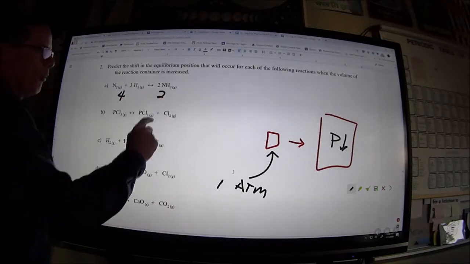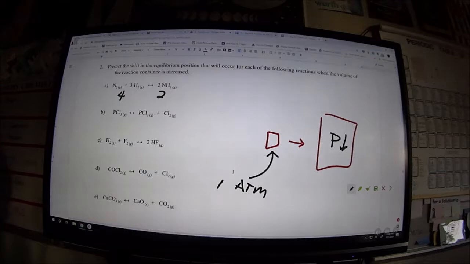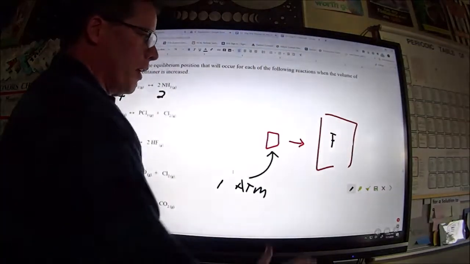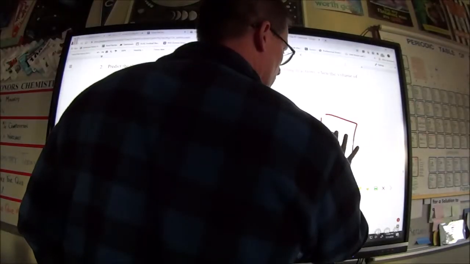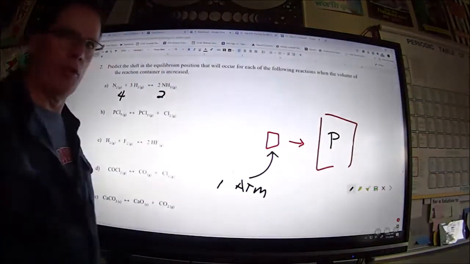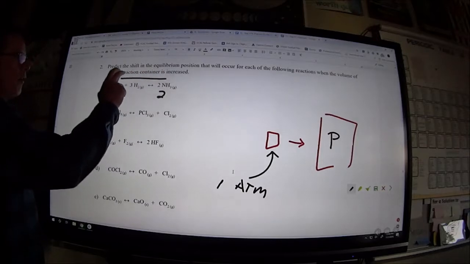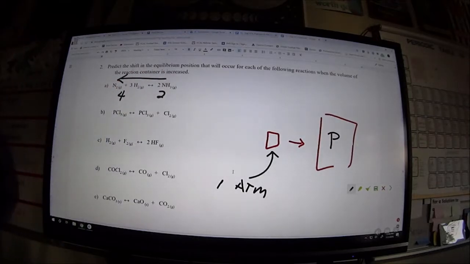And 2 on the product side. So we want to shift to the side that has more particles because we need to increase this pressure. If we don't increase the pressure, then we're not going to get back to the equilibrium constant with those partial pressures. So in this scenario, the reaction will shift left to regain equilibrium.